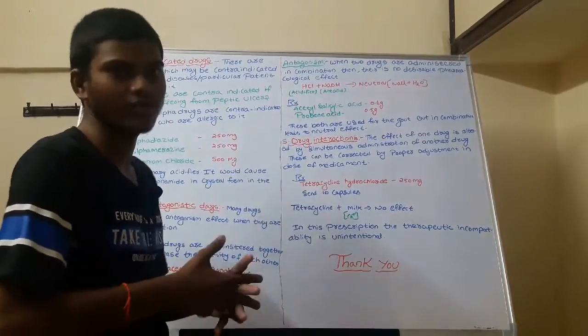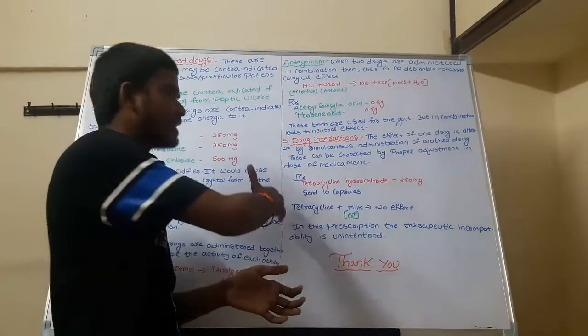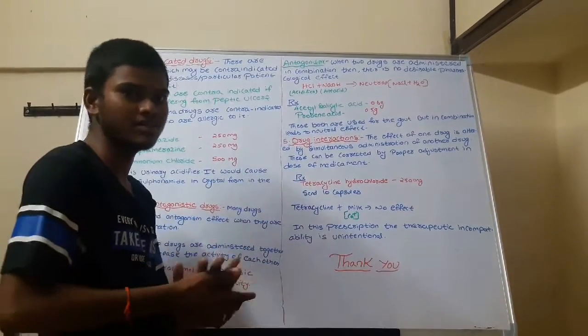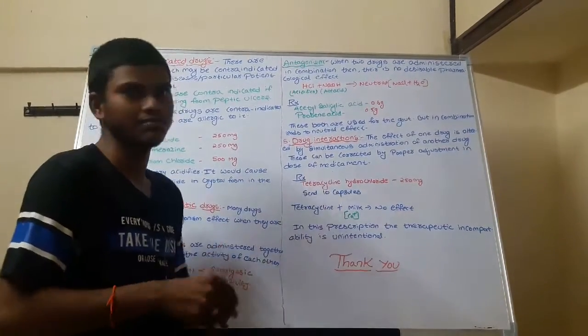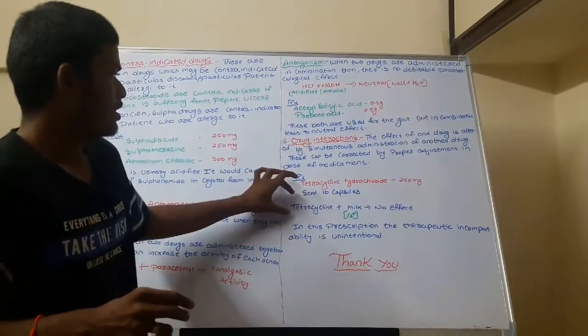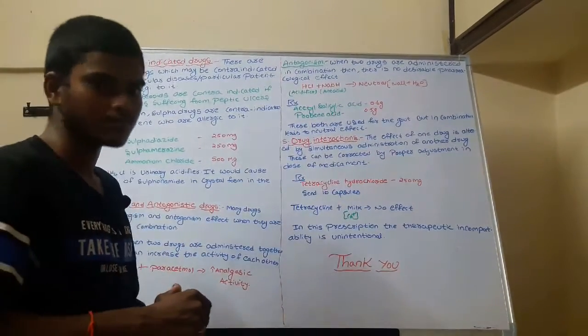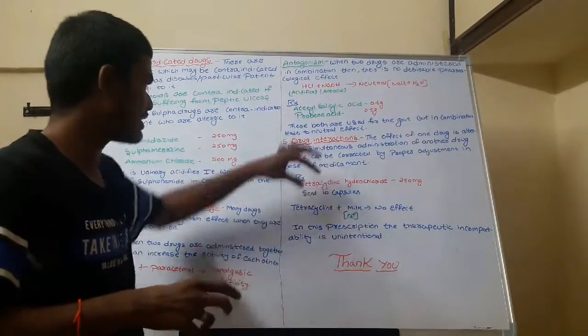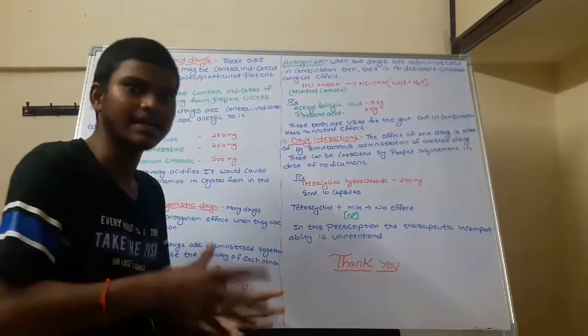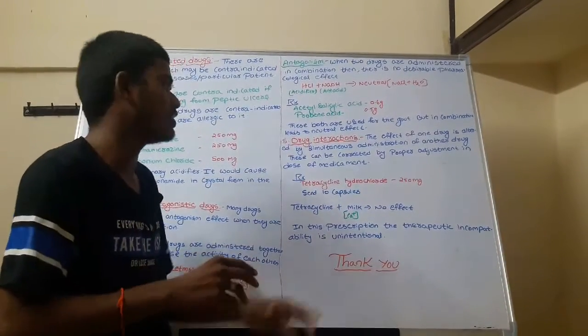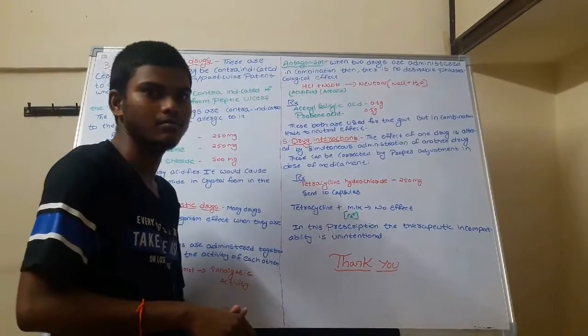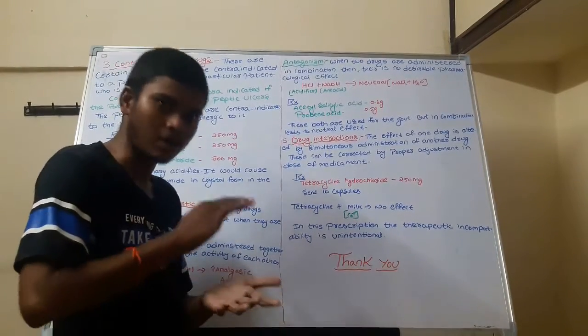Here is an example of a prescription: tetracycline hydrochloride 250 mg. Prepare 10 capsules. Here is the problem with tetracycline. When we administer tetracycline with milk, no pharmacological action is produced.